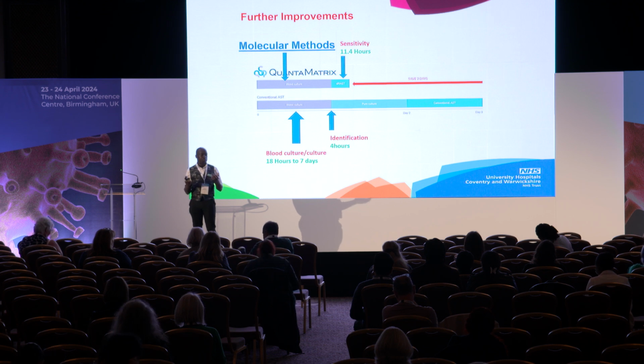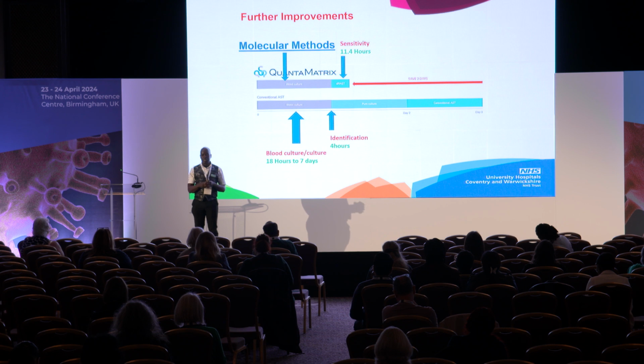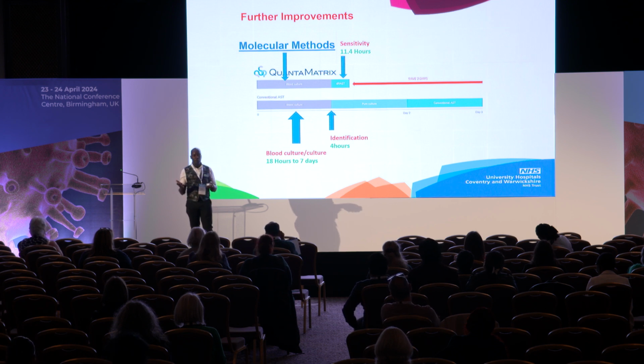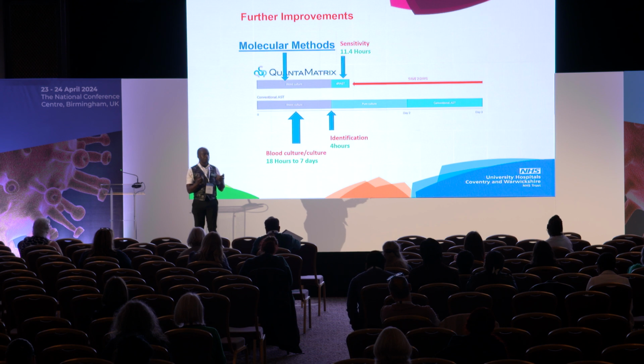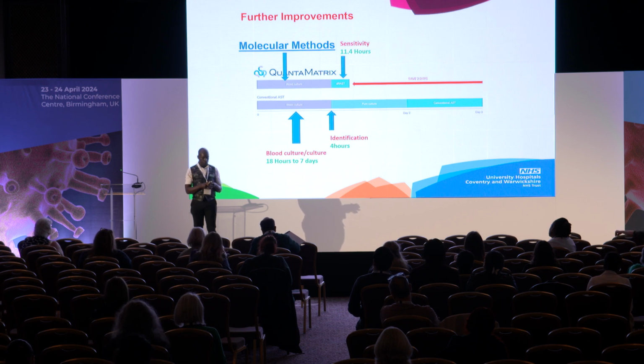If I was told it's a Staph aureus, I know the sensitivities are very predictable, and I can change treatment with confidence. But if I was told it's E. coli or Klebsiella, I cannot know with confidence which will be the best antibiotic. So I'll still be requiring the sensitivities.